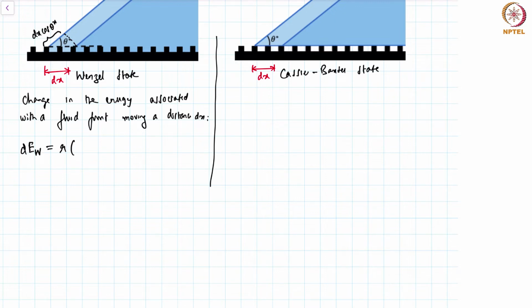We've increased the roughness on the surface, and when R is equal to 1 we would get the case for a smooth surface, but now we have increased the surface area. Therefore, the effective increase in the surface area would be R times dx. That's what goes into the expression. And finally, we have gamma cos theta star dx, which is the excess surface area that we've created.